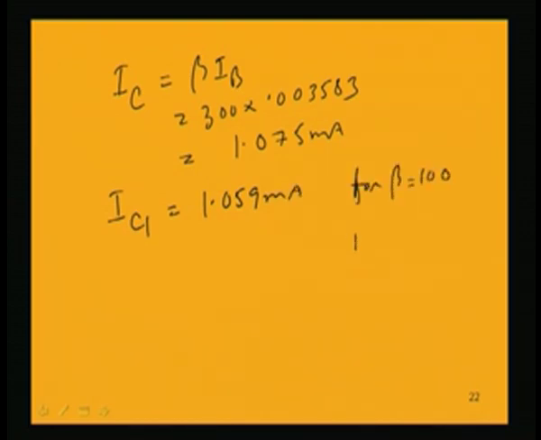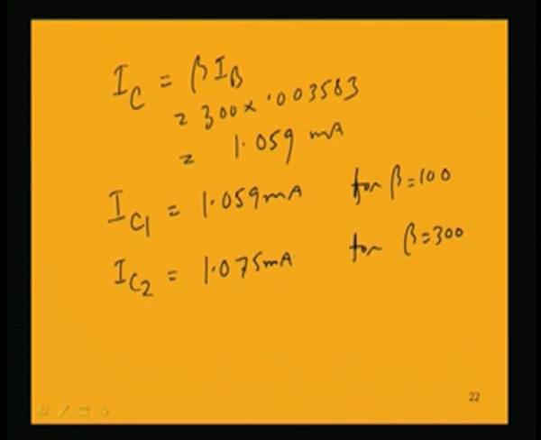Now, when beta is 300, that is, it has increased 3 times, the corresponding IC value we get is 1.075 milliampere.